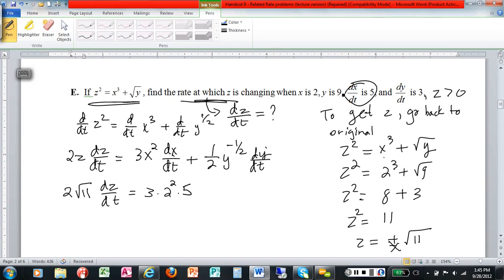Right there. Then we have plus 1/2 y to the negative 1/2. y was 9, so it would be 9 to the negative 1/2. And then dy dt is 3. If we can decipher all that, we can figure out what dz dt is.